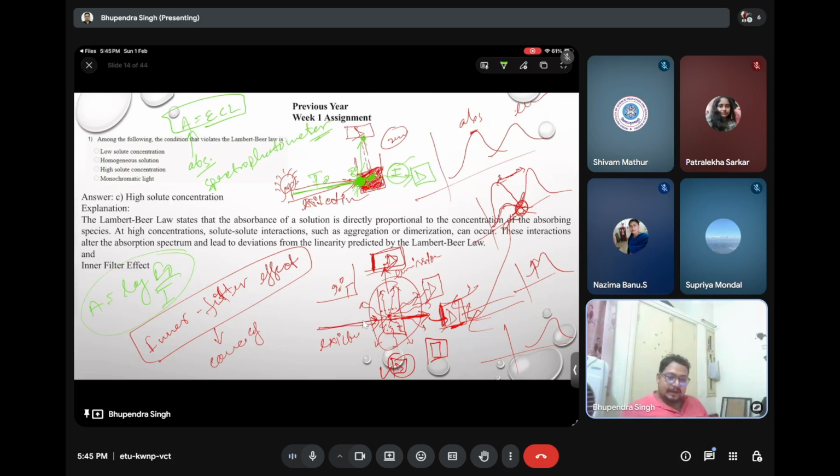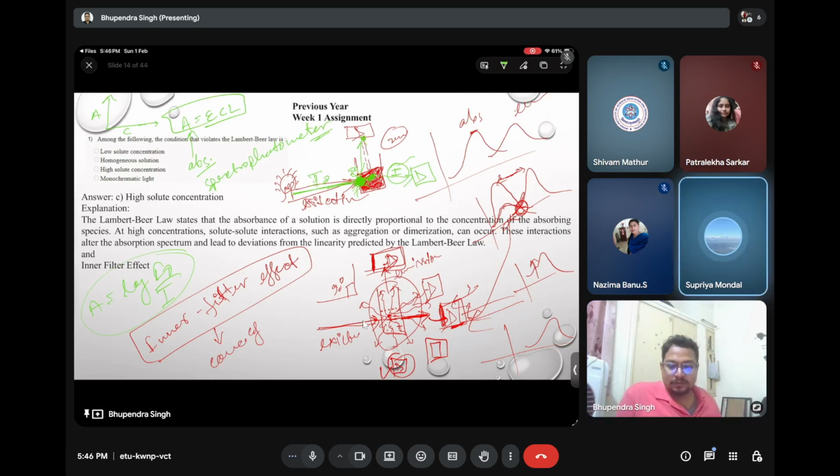Even though you will get some transmitted light, the absorption will be distorted. According to this formula, what will happen if you increase the concentration? Let's say this is absorption, this is concentration. Tell me how the graph should look.